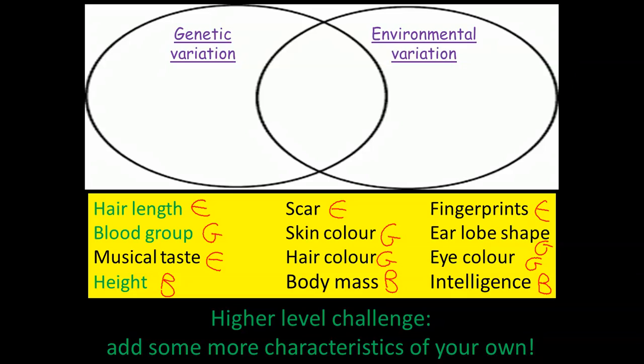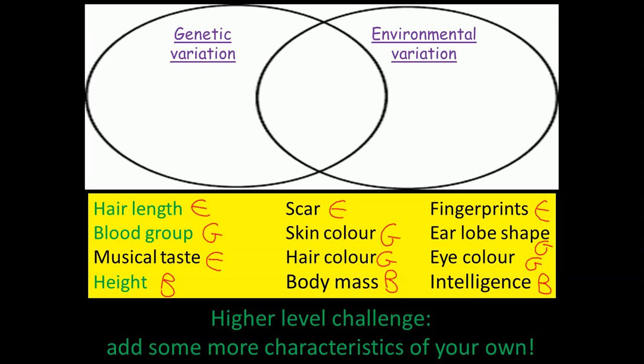You should be able to tell if a characteristic has genetic variation or environmental variation. There is genetic variation if the genes are not the same, and there is environmental variation if the environment is different and has an influence on what characteristic they have.